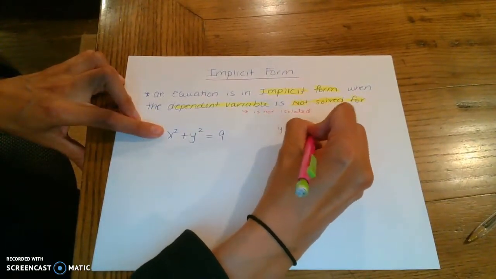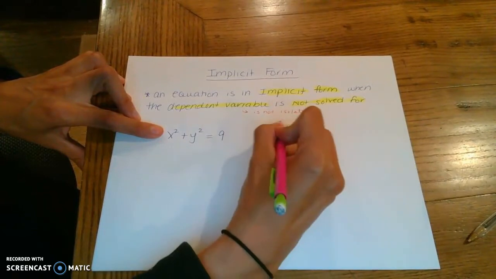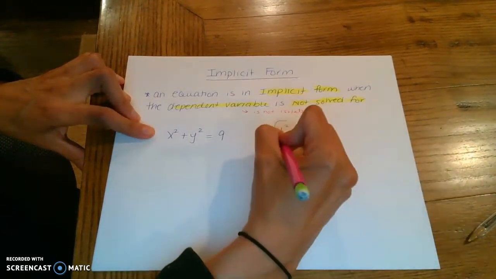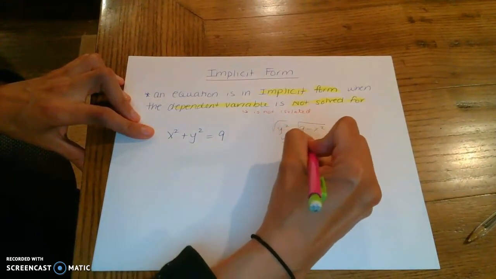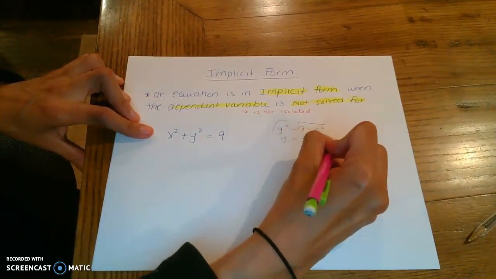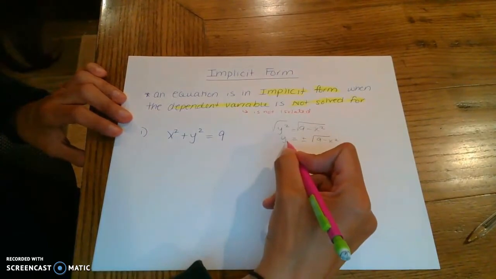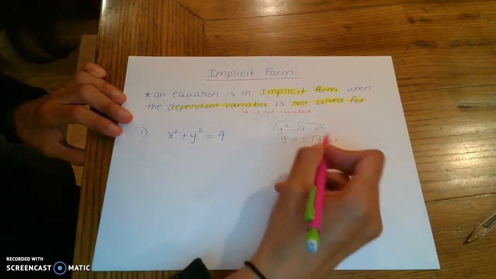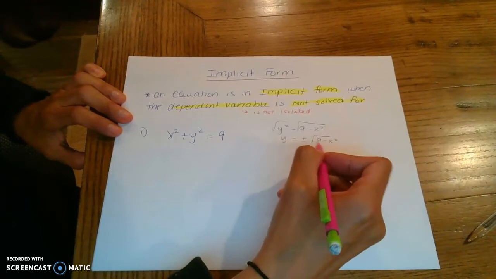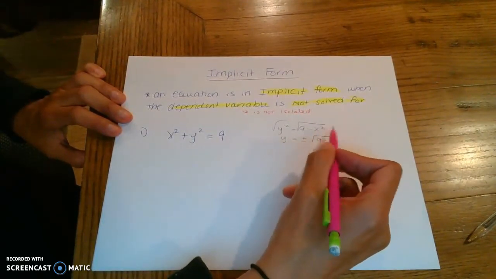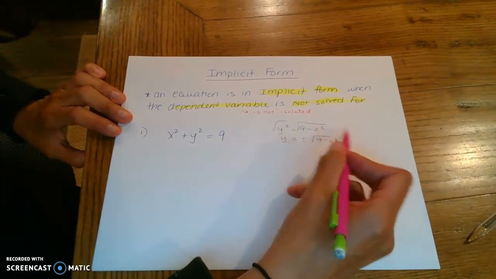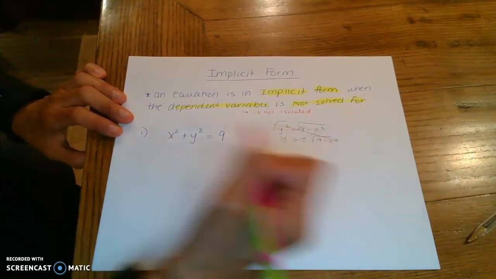You'd get 9 minus x squared. And then when you square root, how many answers do you get? 2: plus or minus the square root of 9 minus x squared. That now means that you have to take the derivative of 2 equations. And that gets messy and complicated, and often we lose our answers and get extra roots, or what we call extraneous roots. So let's not go that way.